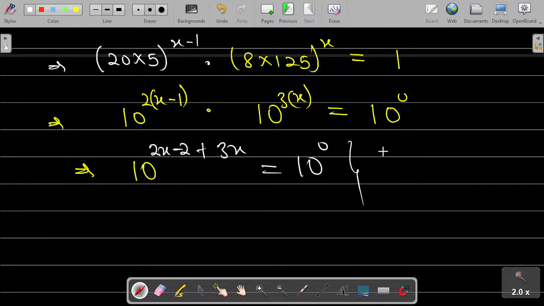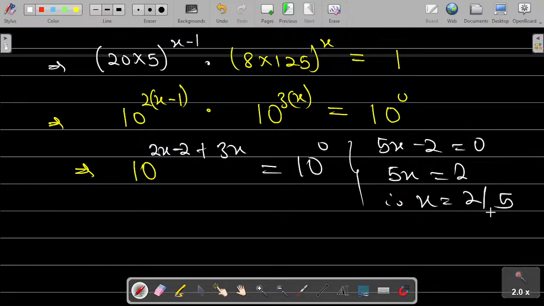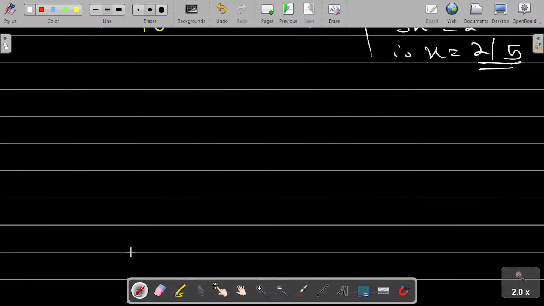That means 2x plus 3x is 5x, minus 2 is equal to 0, which will give us 5x is equal to 2, and therefore x alone is 2 over 5. So that's the solution to that exercise.